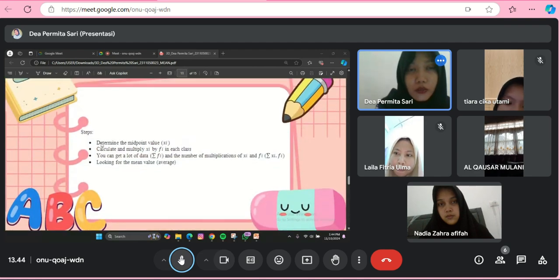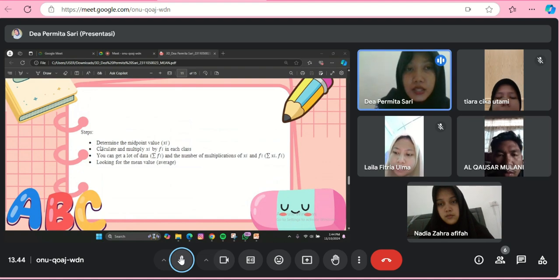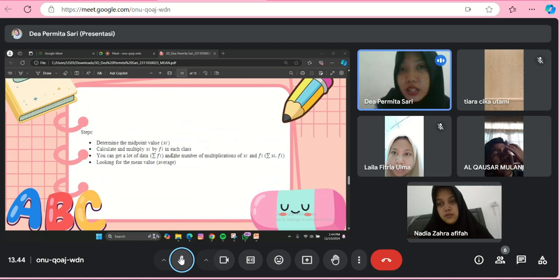We have 4 steps. Step 1, determine the midpoint value, or we call it xi. Step 2, calculate and multiply xi by fi in each class.